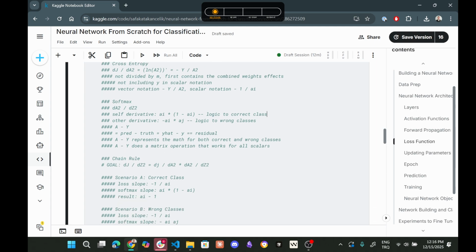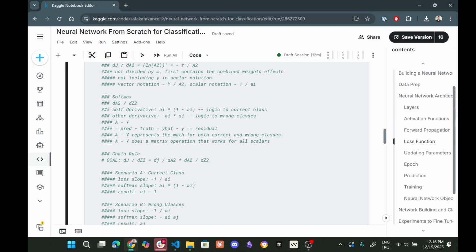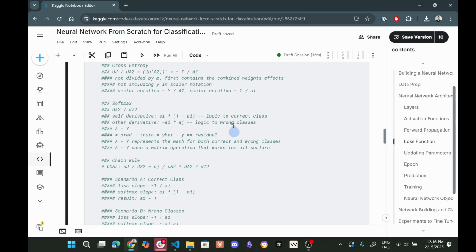For the softmax, there is more nuance to it, because softmax gives us probabilities, and increasing the magnitude of one decreases and affects the other classes. So we have to look at the self-derivative and the other derivative.